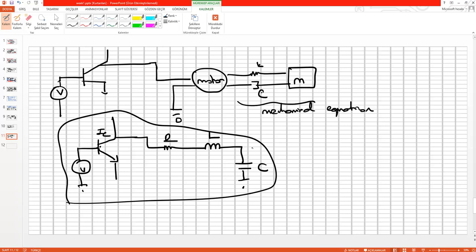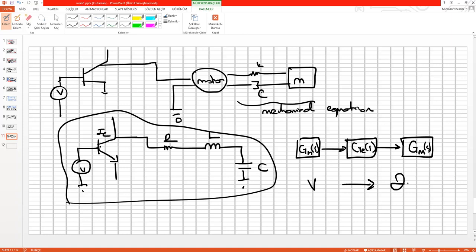Because if we have this domain, then we can derive the G mechanical S, and we multiply the whole system with the G electrical plant, right? Or we can multiply with the G hydraulical S, and so we can easily multiply these two terms to obtain, for a given voltage value, the degree value or the position value, which is called the transfer function, right?